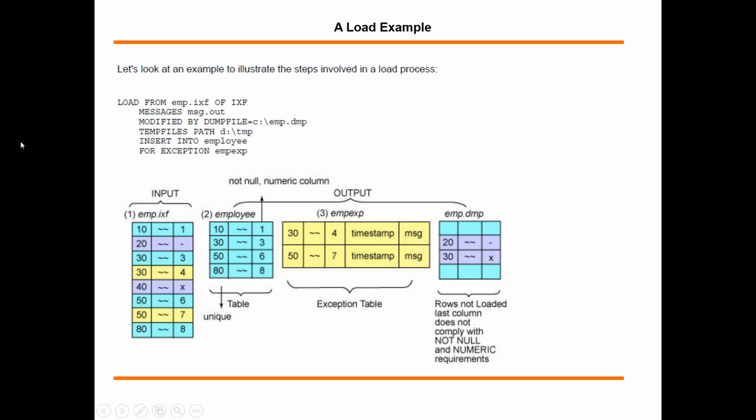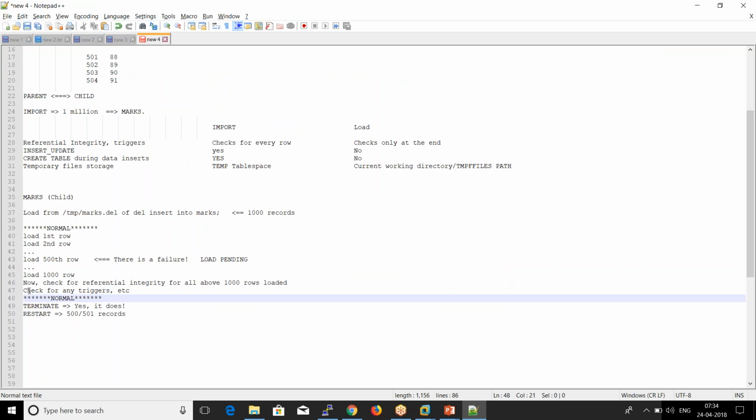Now, what it does later is it just blindly loads the rest of the data into the employee table. Remaining 6 records, it just blindly loads in one shot. Just select it from here and insert. Then it starts checking for these constraints. We discussed here, right? When do the constraints get checked? At the end.